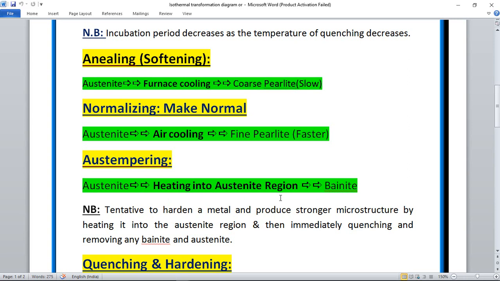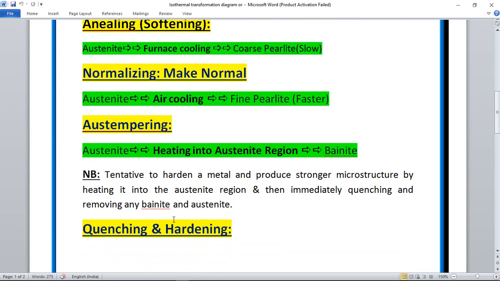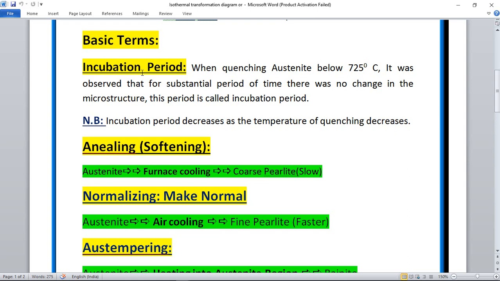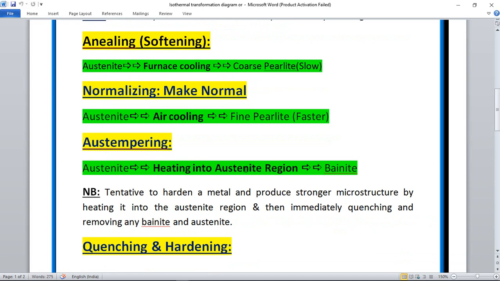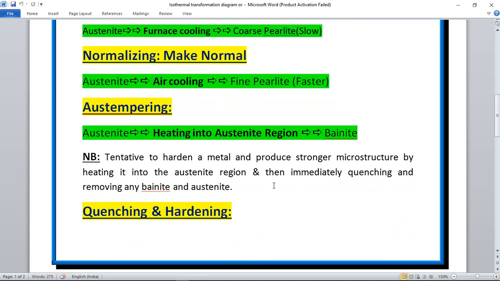The aim in austempering is to harden a metal and produce a stronger microstructure by heating it into the austenite region and then immediately quenching it, removing any remaining austenite to get bainite. Now I think it is very clear to you what the incubation period, annealing, normalizing and austempering are: in austempering, austenite is transformed into bainite by heating it into the austenitic region.